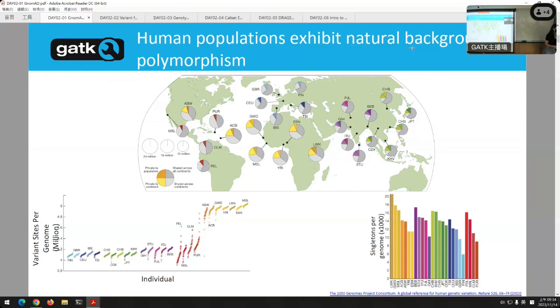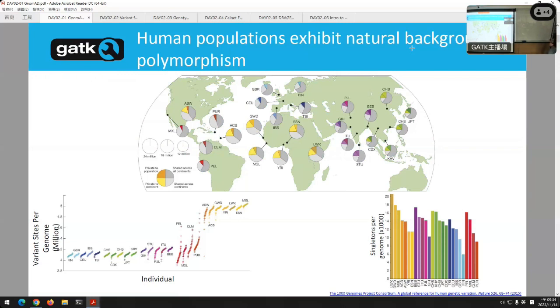But out of that 0.5 or 0.1% that differs between individuals, some of that is rare variation. Maybe only one individual in the world has that genetic variant, but the majority is common variation. Either it's common across the world or it might be common within a specific population.